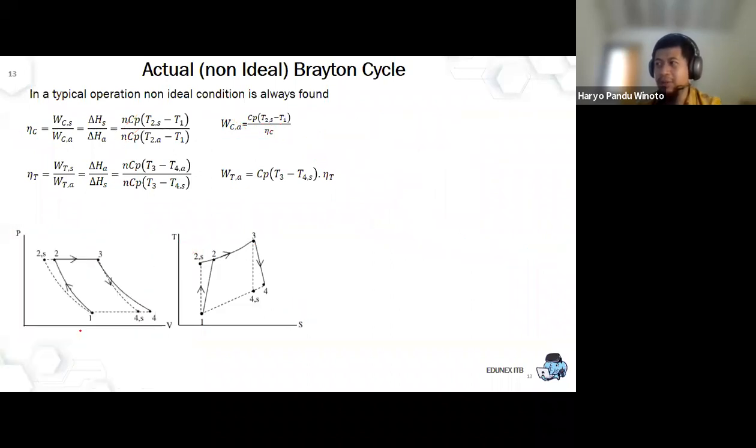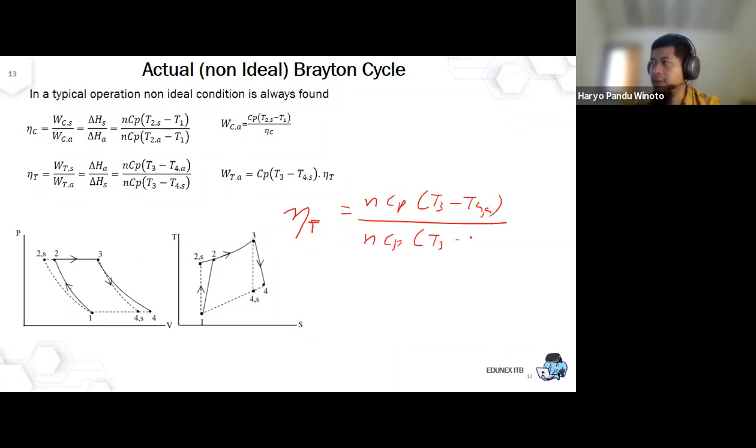When I'm erasing this one, the turbine efficiency is going to be n Cp (T3 minus T4 actual) divided by n Cp (T3 minus T4 isentropic). That's why I always ask you to bring your TS diagram. Here, equate out.